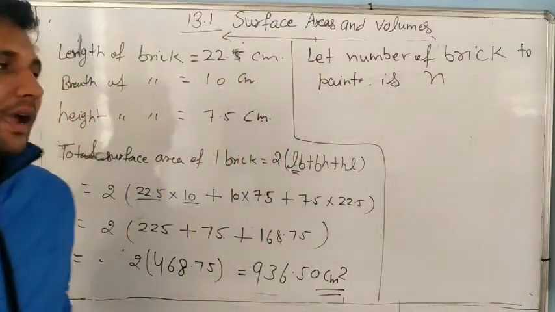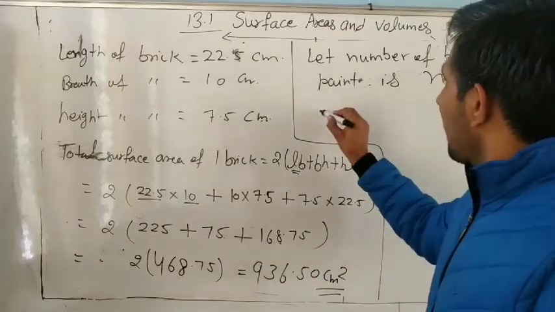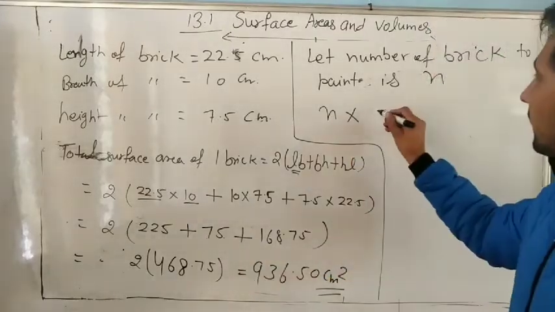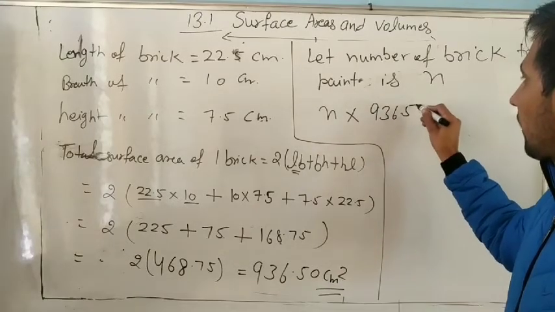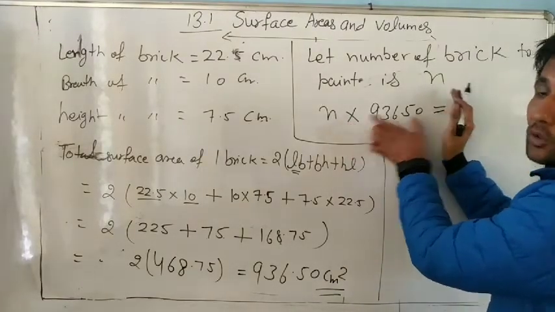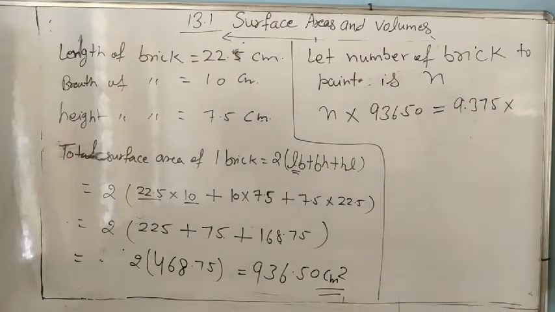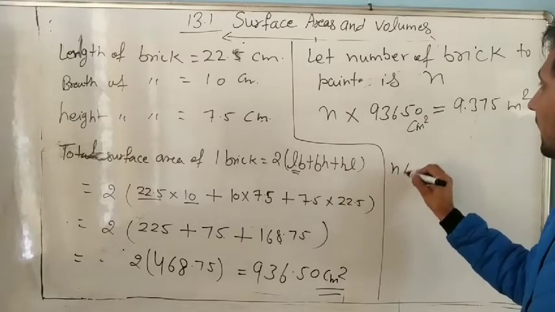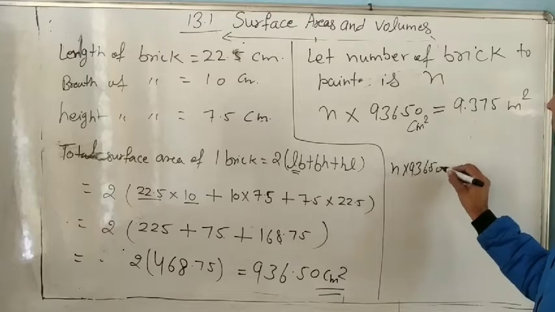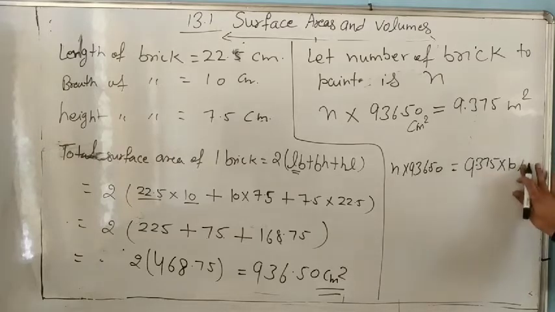How many? n. And in the question the area of one brick is given, so n multiplied by the area of one brick, 937.5, equals the area of all bricks, which equals 9.375 meter square. Change to centimeter: multiply by 100 times 100.